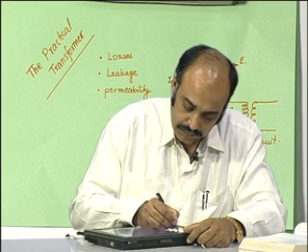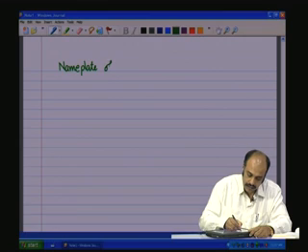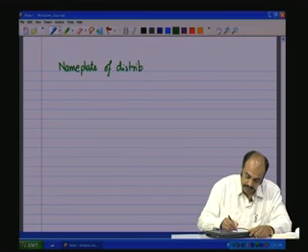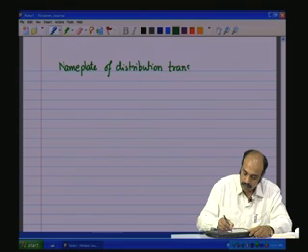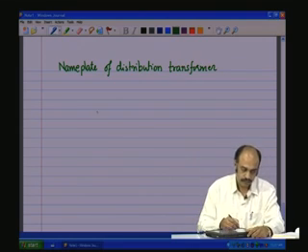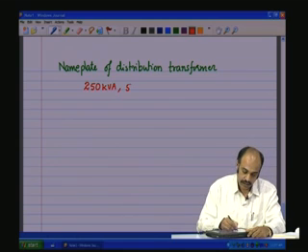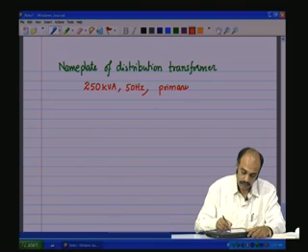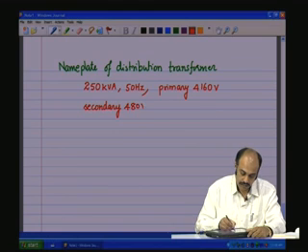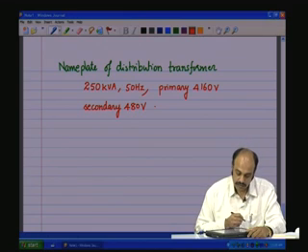A transformer nameplate of a distribution transformer, so high power transformer, indicates that it is a 250 kVA transformer, 50 hertz, primary has 4160 volts rated, secondary has 480 volts rated. Now, this is the specification of the transformer.